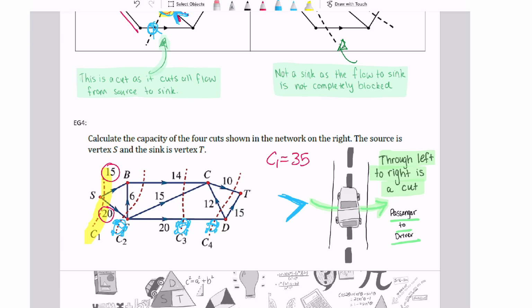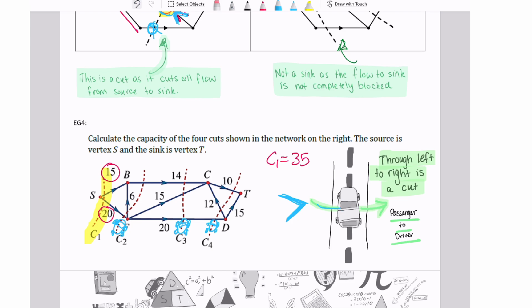If the arrow is passing through the passenger and out the driver door, we count the capacity. If the arrow is going back the other way, we do not count it. I hope that makes sense.